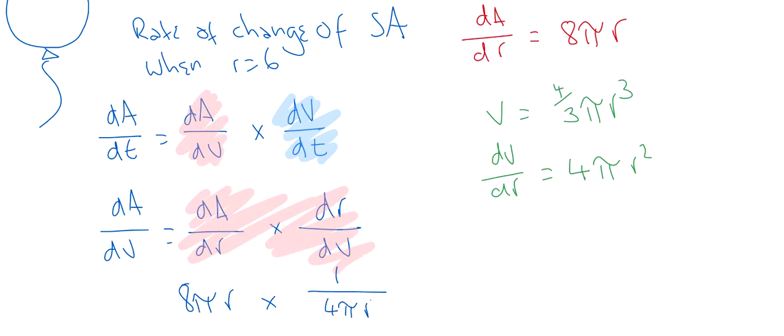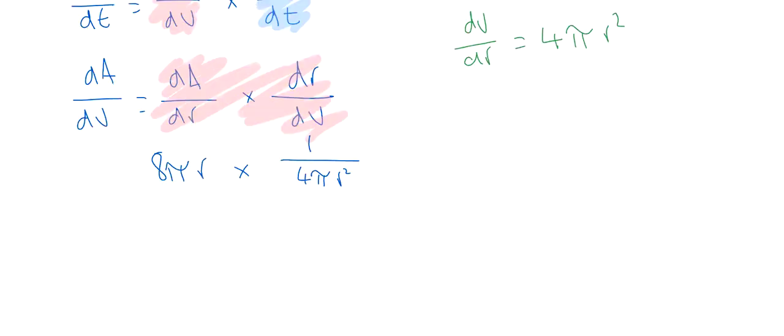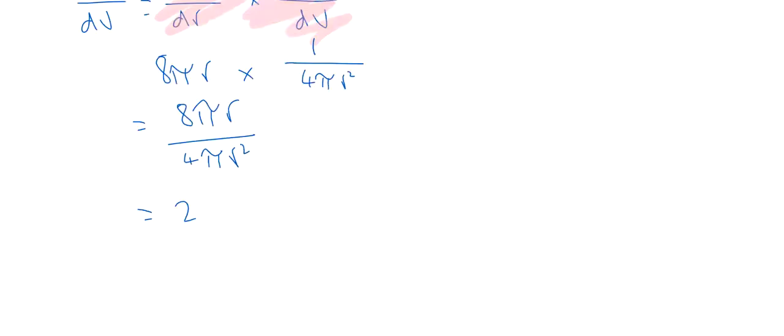This is the bit that everyone screws up, so just make sure you know which way around the fraction is. We need dr dV because these have to be opposite, but we got dV dr. So this is just 1 over that. Now we can simplify that. So now we've got 8 pi r over 4 pi r squared, which is 2 over r.